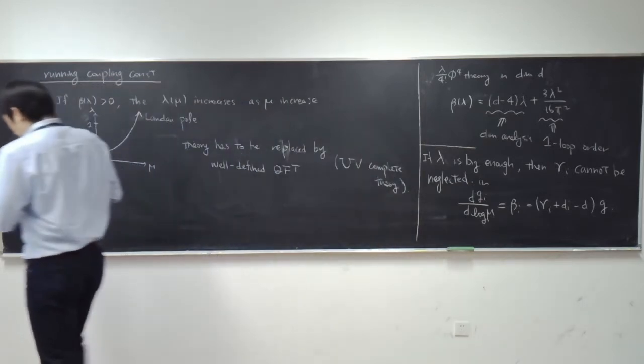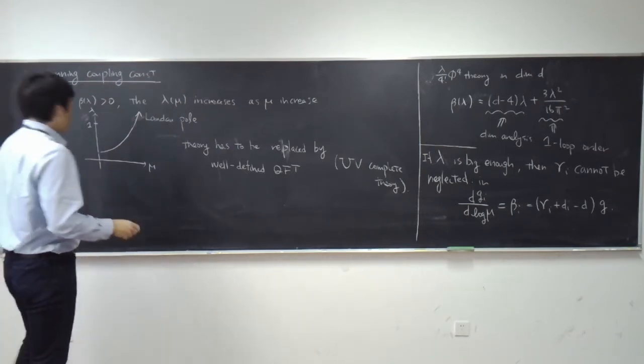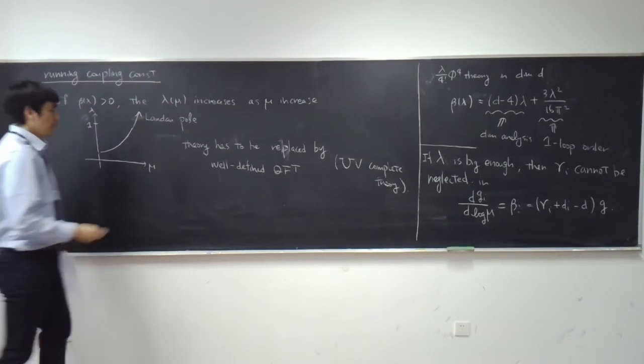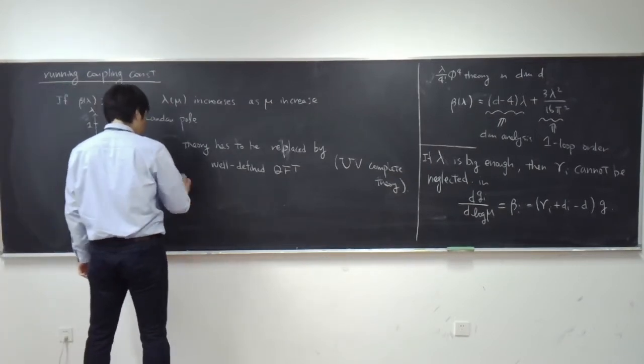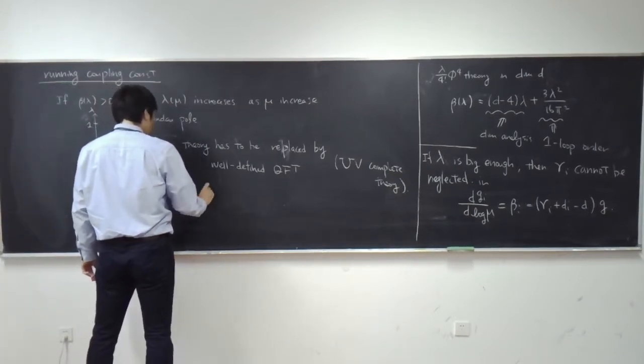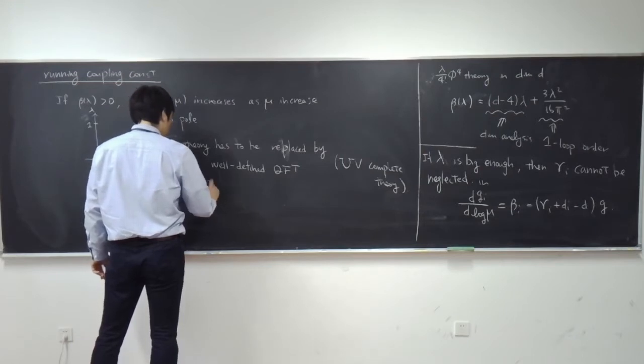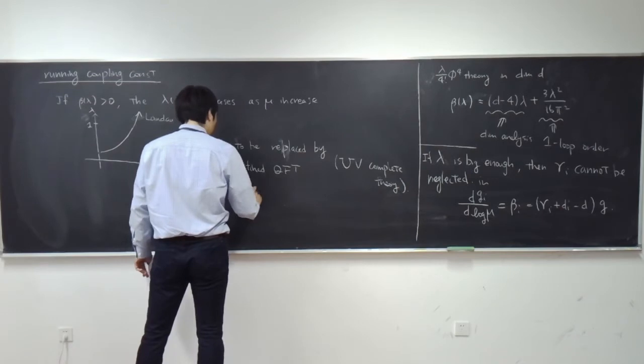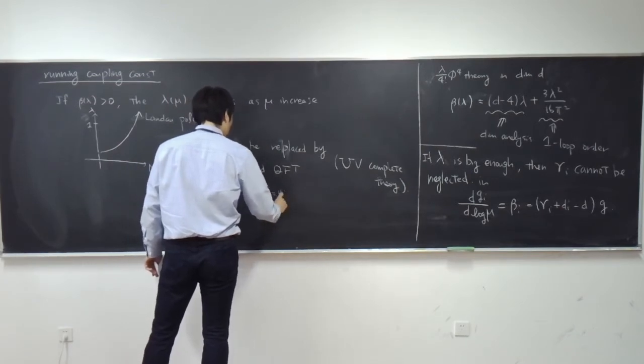As an example, this includes QED and also phi-fourth theory in dimension 4.